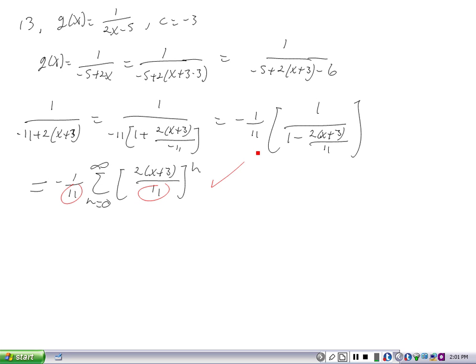Now, to determine the interval of convergence, you recall that all you want to do is apply the ratio test.